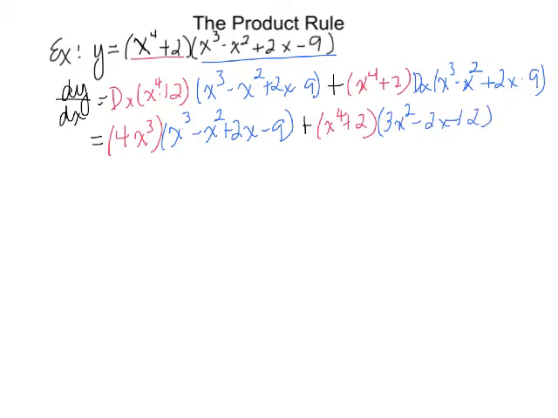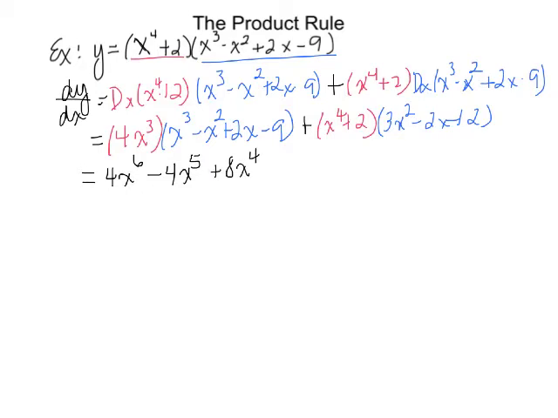Okay, and again, a little bit of algebra. 4x cubed times x cubed, I'm going to distribute that through all of the terms, actually. 4x cubed times x cubed is 4x to the 6th. 4x cubed times negative x squared is negative 4x to the 5th. 4x cubed times 2x is plus 8x to the 4th.